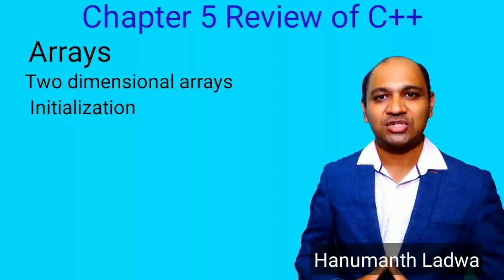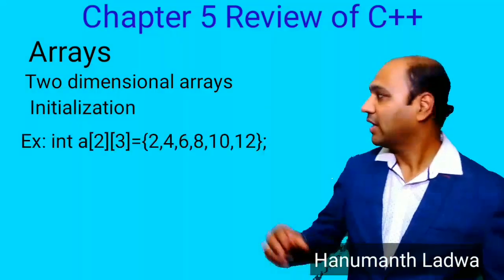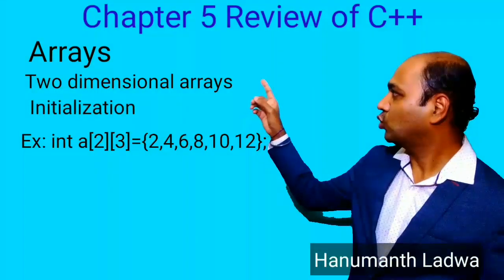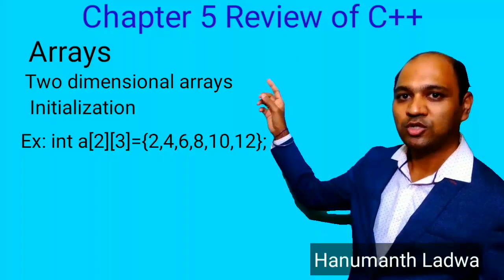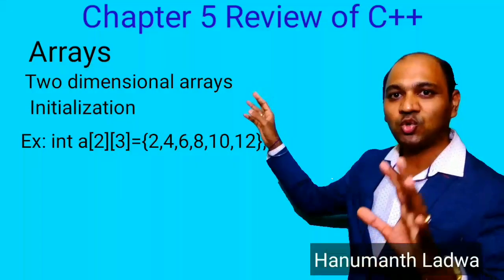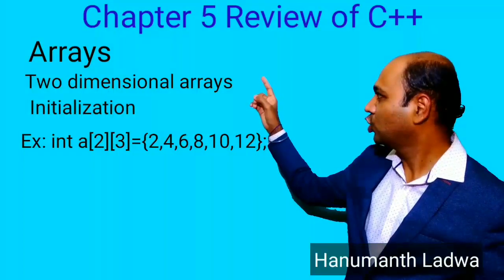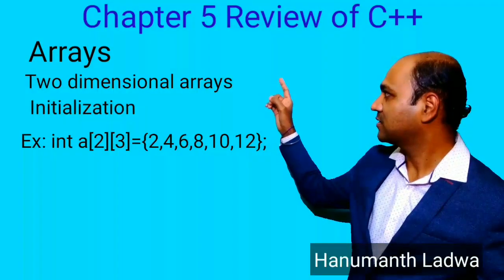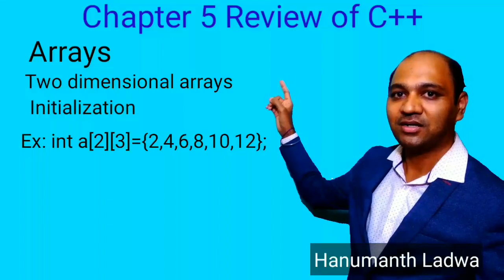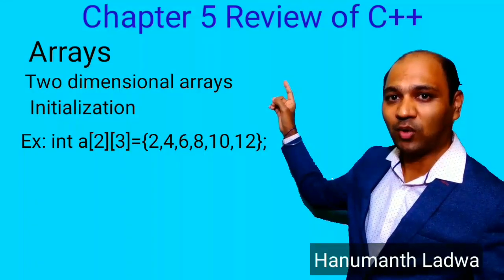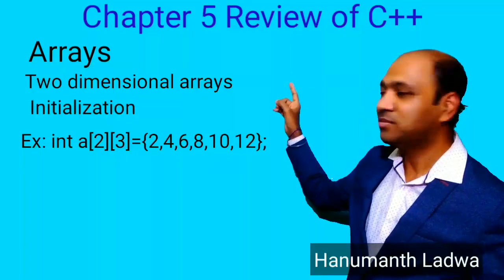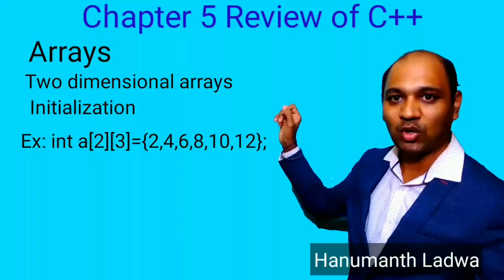Initialization of two-dimensional array. int a[2][3] is equal to, so 2 3s are 6. So you can initialize total 6 elements. So let me write 2, 4, 6, 8 and 10 and 12. Curly closing brace and put semicolon.